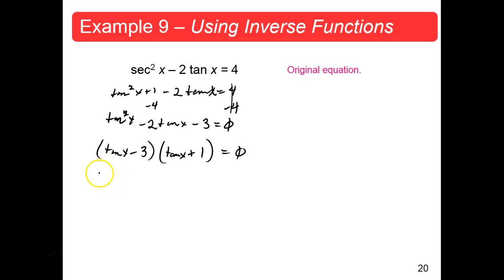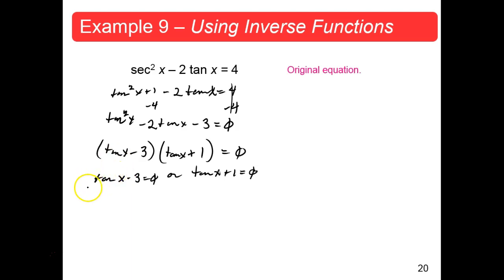Okay? Now what does this yield for you? Either tangent x minus 3 equals 0, or tangent x plus 1 equals 0. One or the other of those has to be true. Maybe both. Okay?